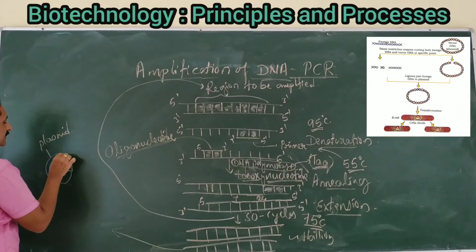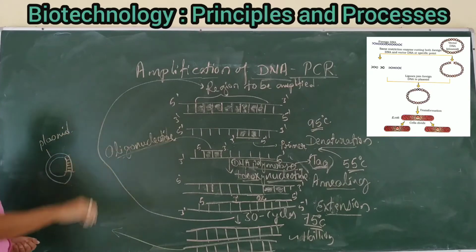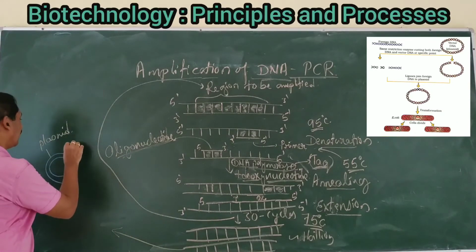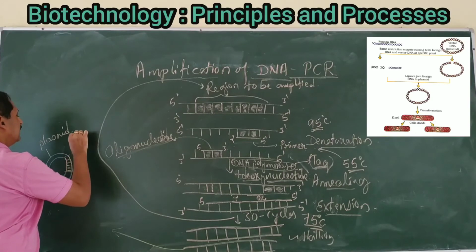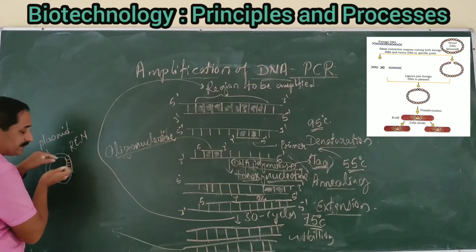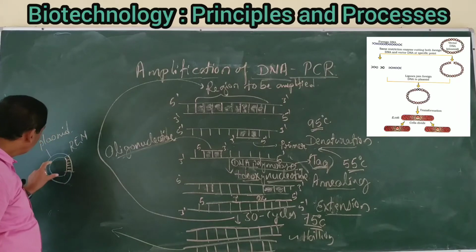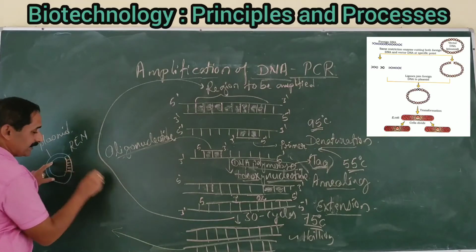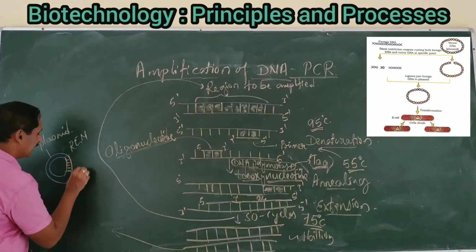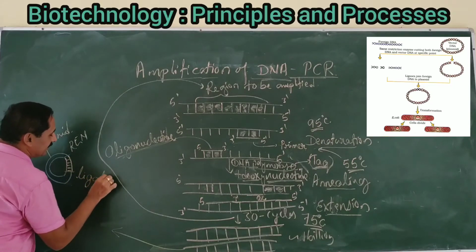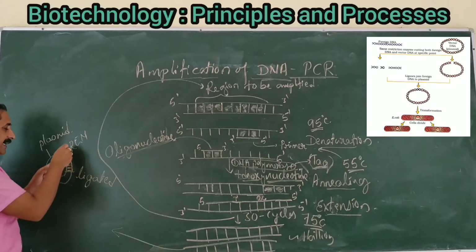So the plasmid is cut by using the same technique. The same restriction enzyme is used to cleave open a small fragment of the plasmid. In the place so created, the DNA is ligated by using DNA ligase enzyme.